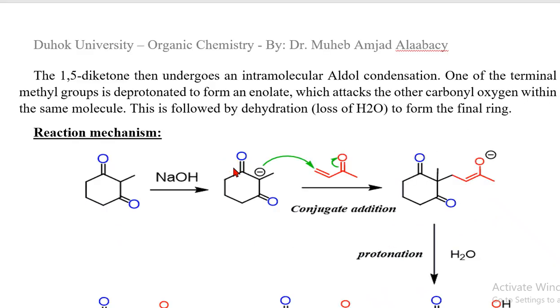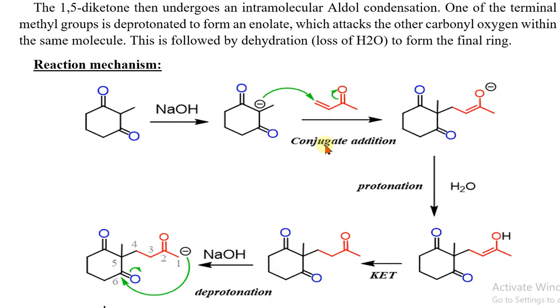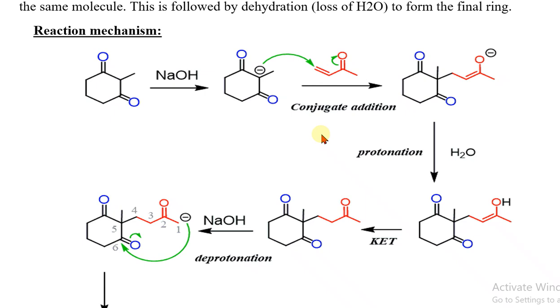So the mechanism of the reaction is easy, not so difficult. The base removes a proton, and the carbanion here will add to the alpha beta unsaturated compound to give you this intermediate, remove H2O, to give you this compound, keto-enol tautomerism here. The enol will be converted to the keto form.